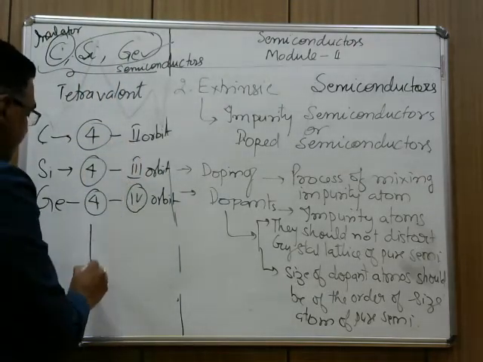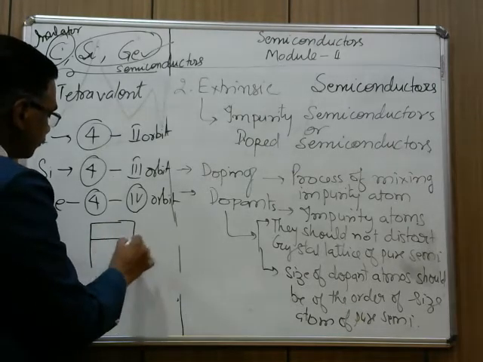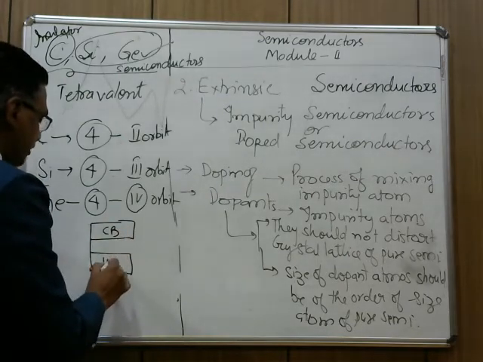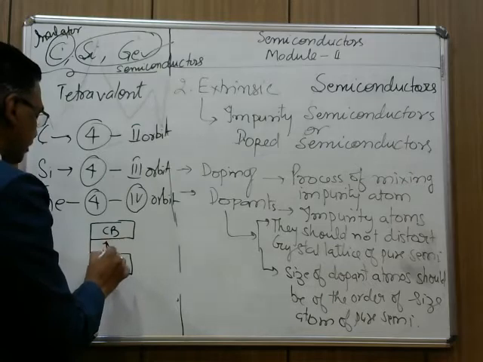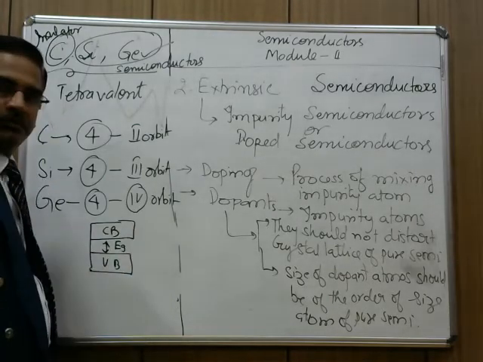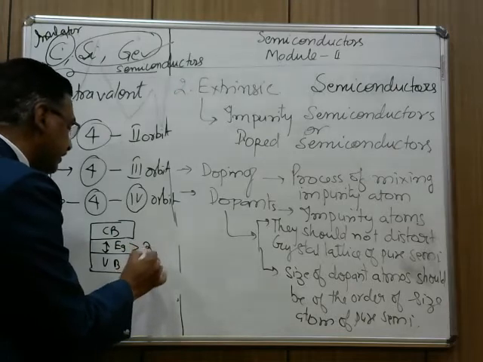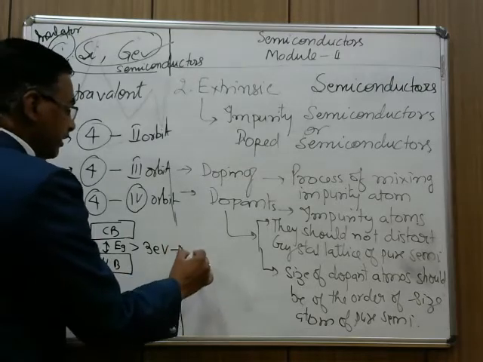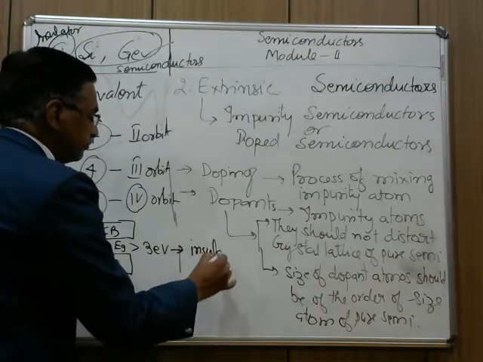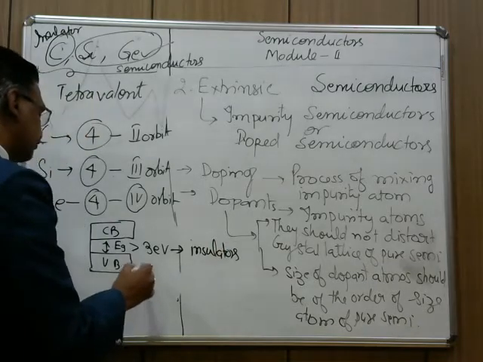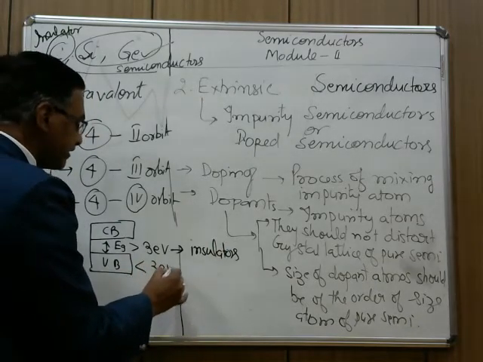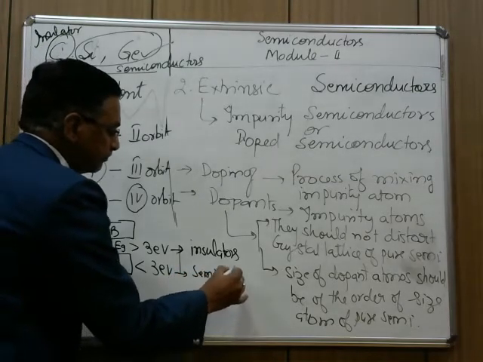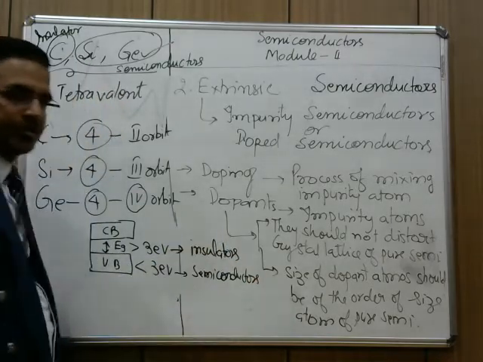On the basis of the energy band diagram, I told you that this is the conduction band, this is the valence band, and this gap is called the energy gap. For insulators, it is greater than 3 electron volt, and for semiconductors, it is less than 3 electron volt. This I discussed in the previous module.